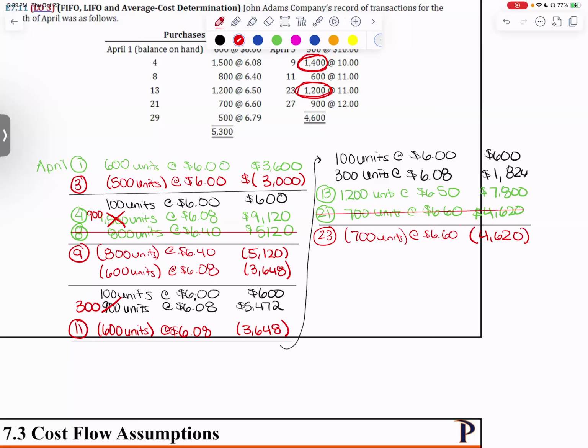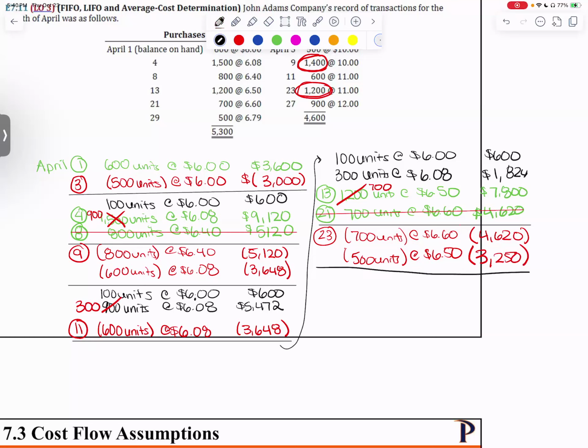How many do we sell? We sold a total of 1,200. So we're going to take 500 more units from the purchase on the 13th next. So we have 700 left here. This purchase on the 13th was purchased at $6.50 each. So that's going to add to our cost of goods sold 3,250.